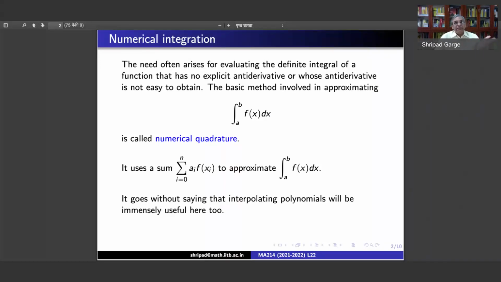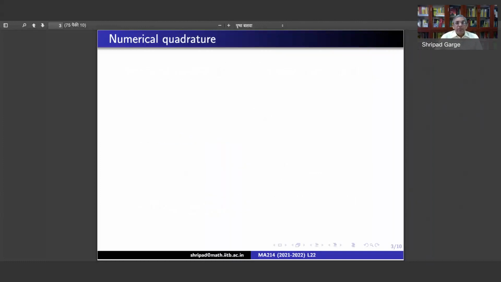That simply goes without saying. We don't have to say it every now and then, that the function f will be approximated by the interpolating polynomial. We take the integration of the polynomial together with the truncation error, which is given in the formula for the error, and that together will give rise to this summation ai f(xi) with the error. So let's see what happens.